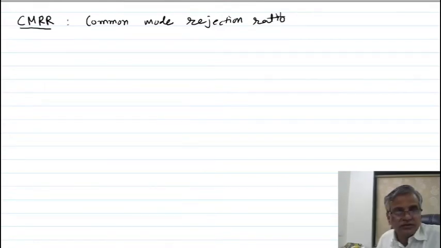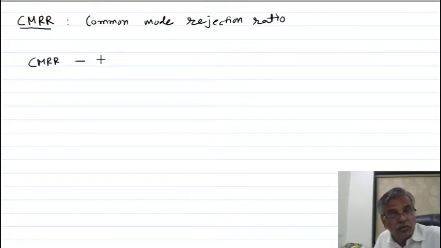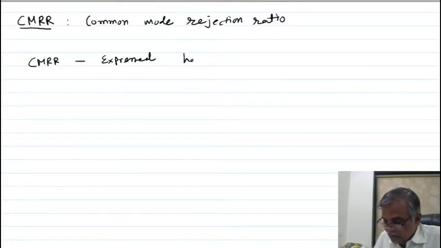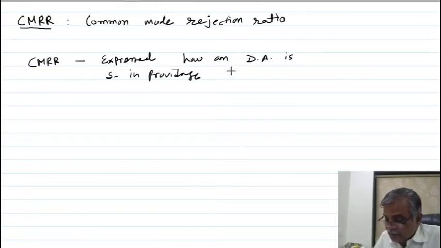Common mode rejection ratio, CMRR. CMRR expresses how a differential amplifier is successful in providing differential gain and rejecting common mode gain.